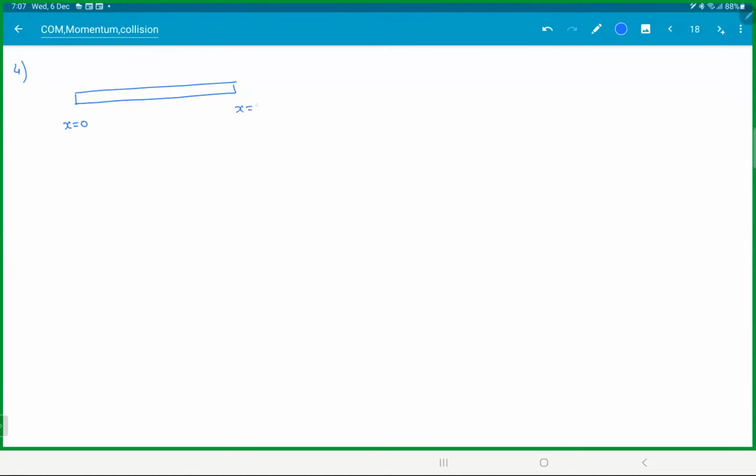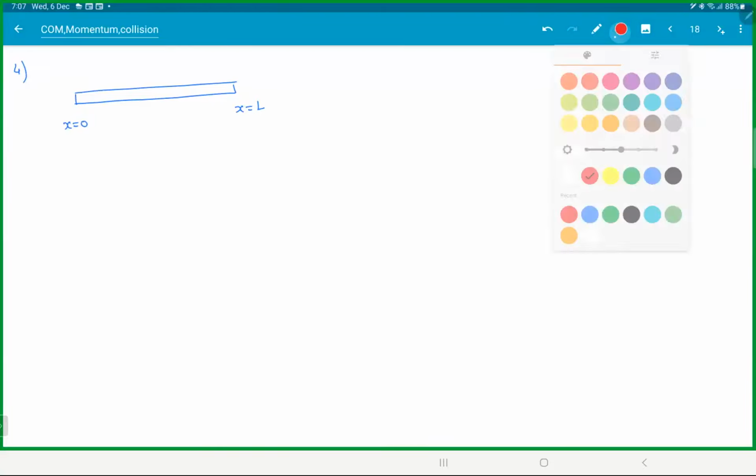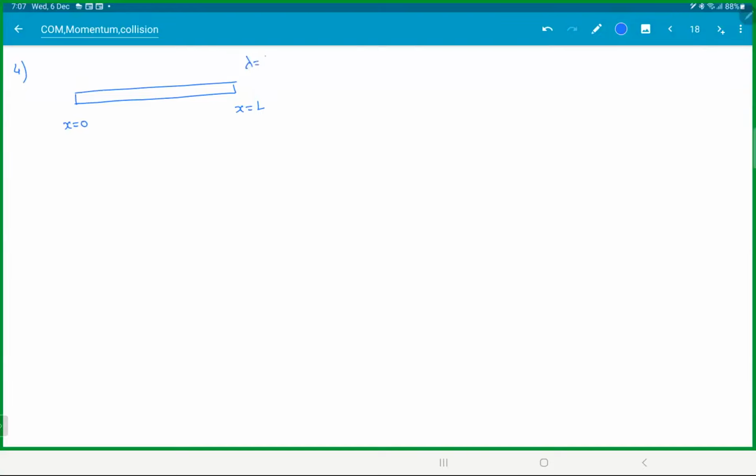X is equal to 0, x is equal to L. Lambda is lambda naught x square. Again, same story. At a distance x, take a small piece dx. dm will be lambda dx, which is lambda naught x square dx.